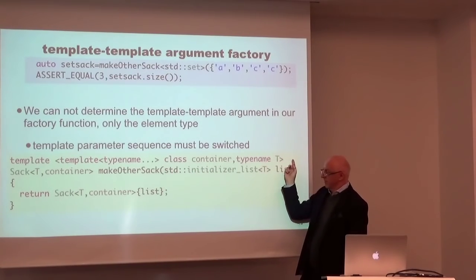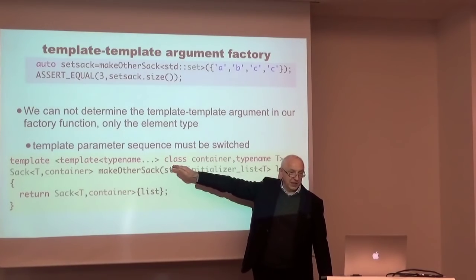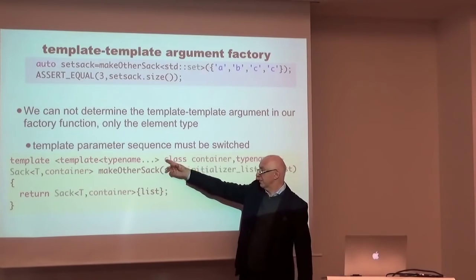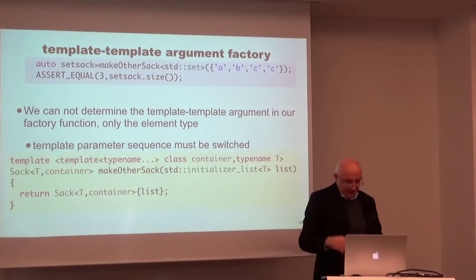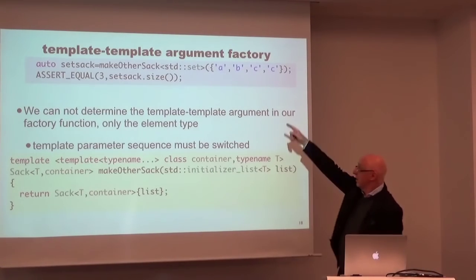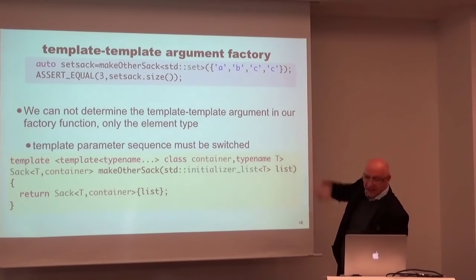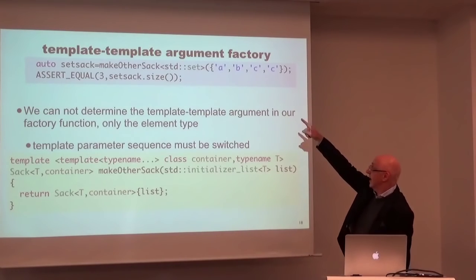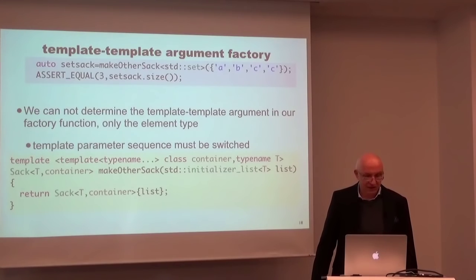And since argument deduction always works from right to left in the template parameter list, we have to switch these things to have the container that we specify after make_other_sack deliberately. So we can do make_other_sack with std::set and provide something. And that's kind of neat, because we provide a list that doesn't all go into the sack, because the C is there twice.